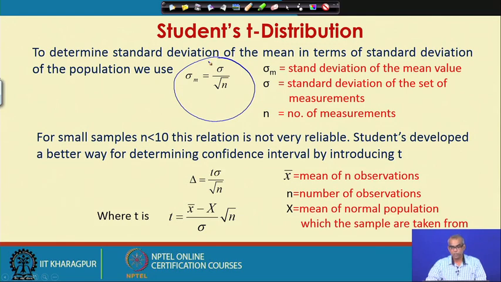The standard deviation of the mean in terms of the standard deviation of the population is sigma divided by square root of n. For small samples, this relation is not very reliable. So, Student developed a better way of determining the confidence interval by introducing something called t, which is defined as this.